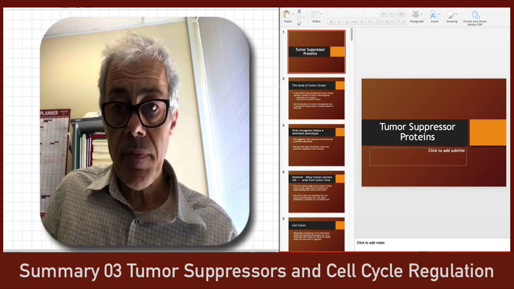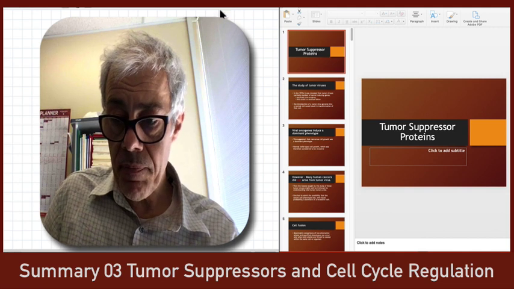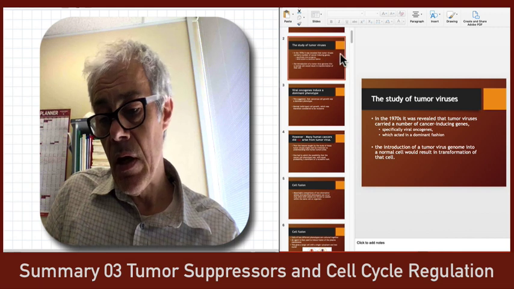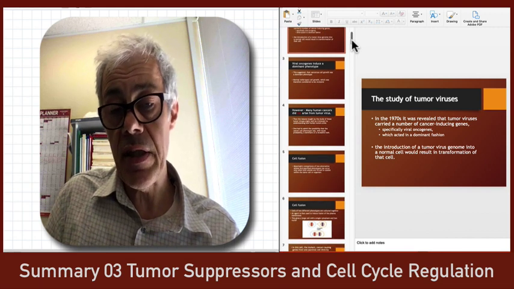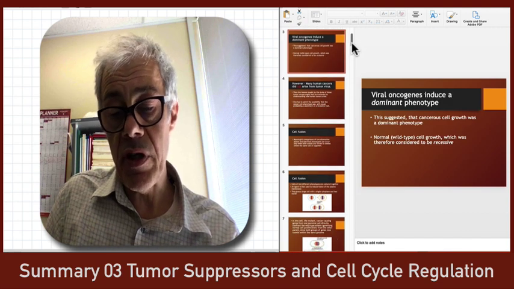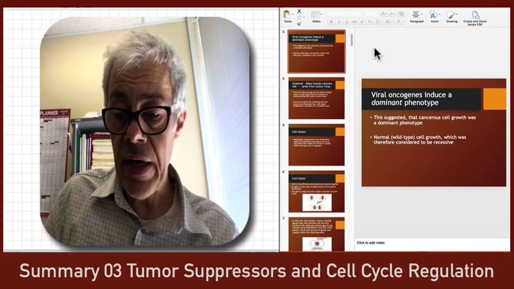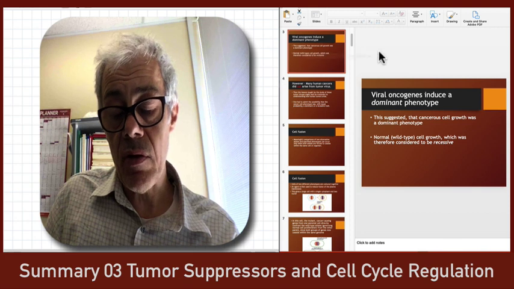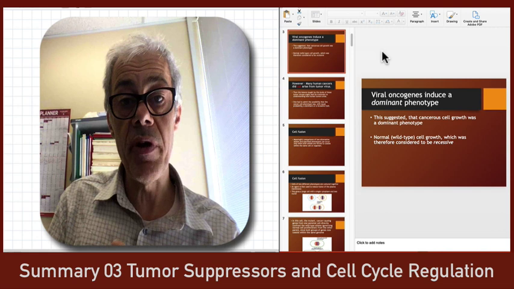So the narrative is that tumor viruses led to the discovery of oncoproteins, and then we studied the oncoproteins in the human genome and looked at some of their functions. Now, a mutation in a human oncoprotein is a dominant mutation.